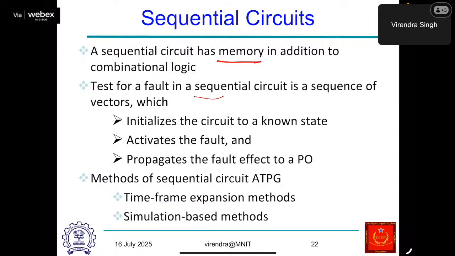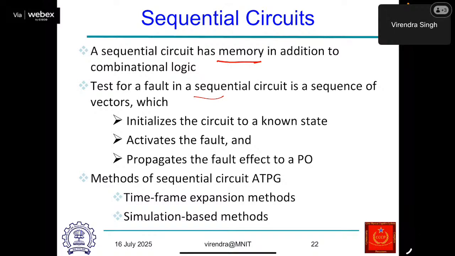Say for example, for a fault I can have 100 test vectors. Out of 100 test vectors, it is likely to generate one of the test vectors pretty fast, and that's how in practice these ATPG tools work reasonably fine. Though in worst case scenarios, the way computer science people look at the complexity of the algorithm, it is NP complete, and nobody can guarantee that it will generate the test vector in reasonable time.